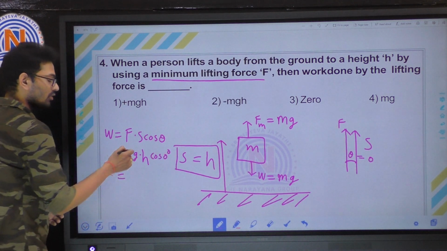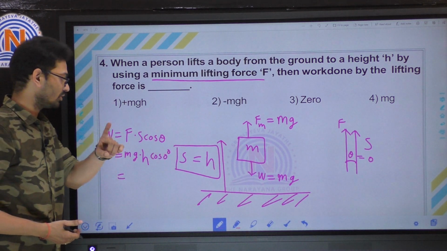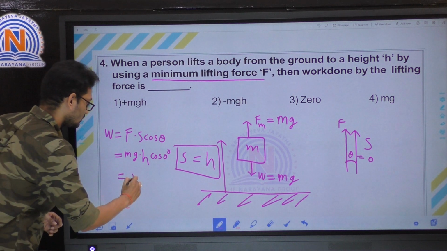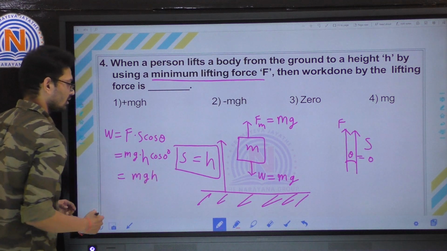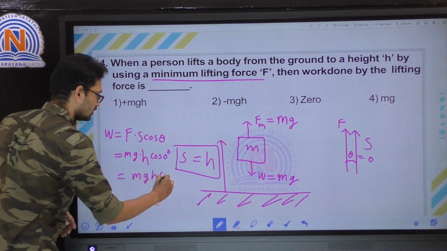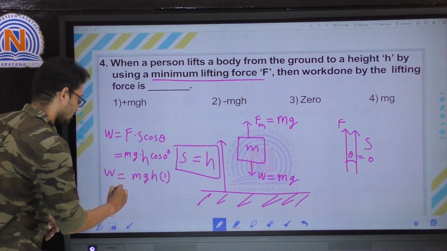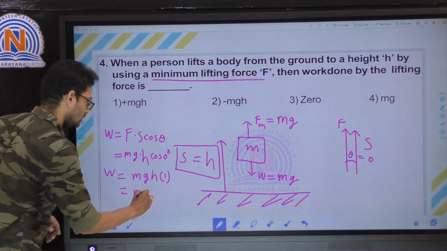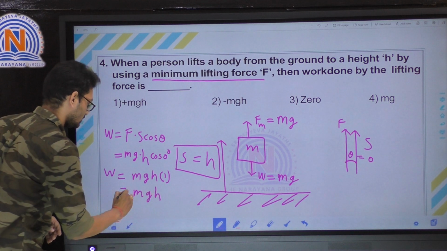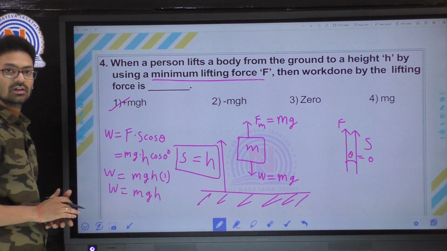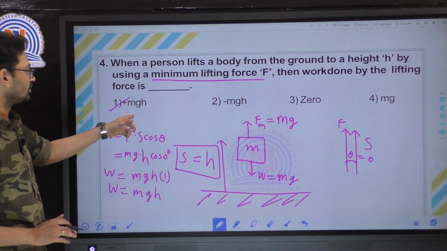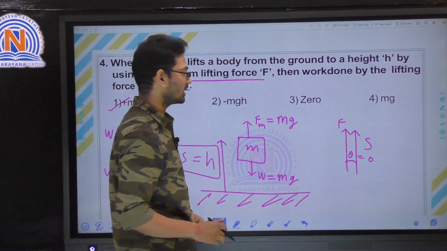So what is the value of cos 0? Everyone knows that, that is 1. So your answer is positive, mgh cos 0 is 1. So your work done is mgh, which is a positive work done. Positive mgh, it's not minus mgh.